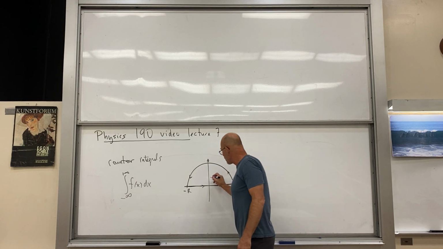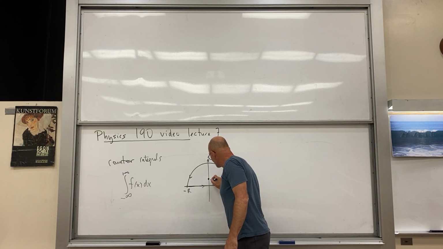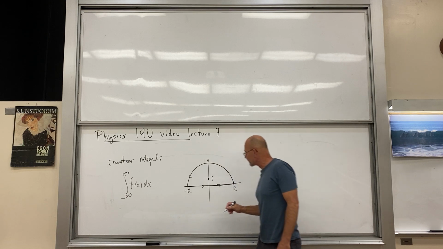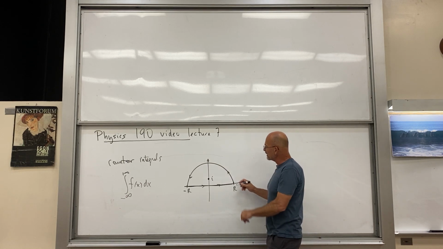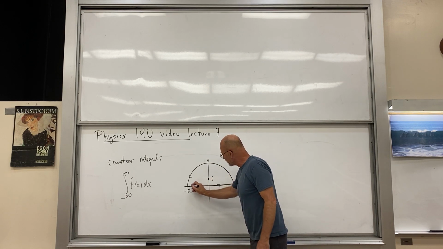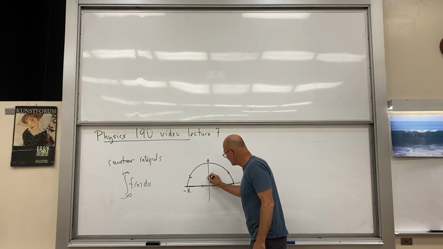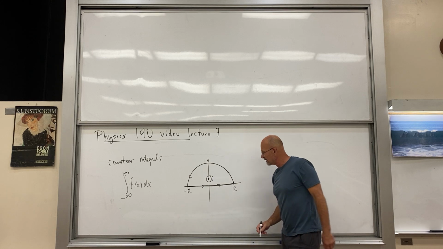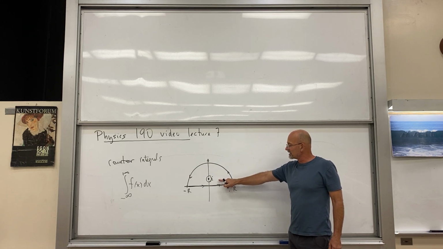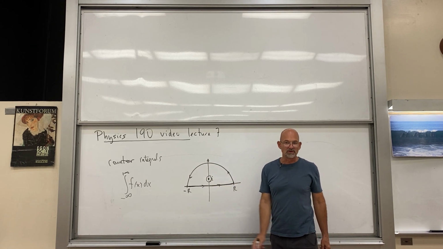And if there's a pole here, and I'll just take the one that we found here around i, then this entire integral, or the one along the real axis, turns out to just be the evaluation of the integrand at the pole.